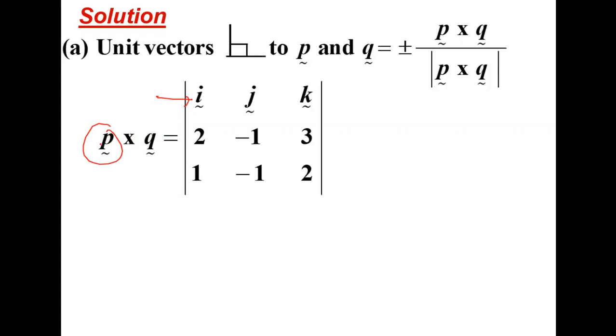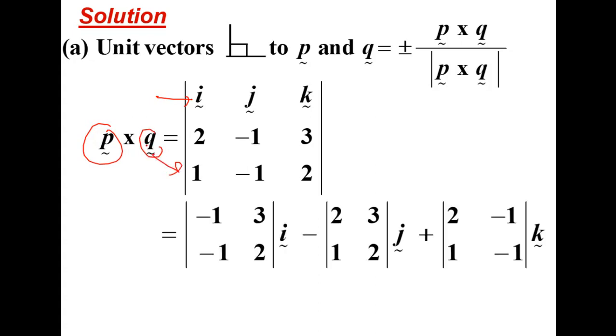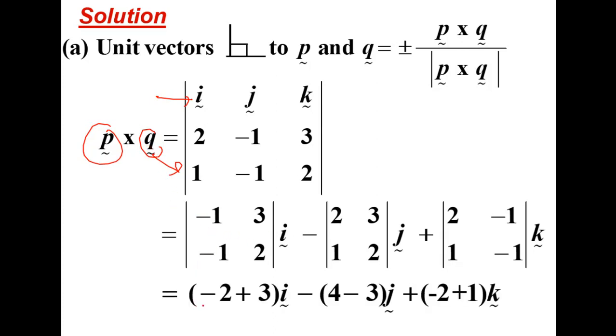The second row is the components i, j, k for P. The third row is the components i, j, k for Q. Then find the minors, and lastly you get a vector. The cross product produces a vector: i minus j minus k.